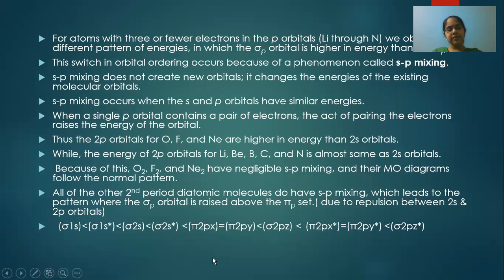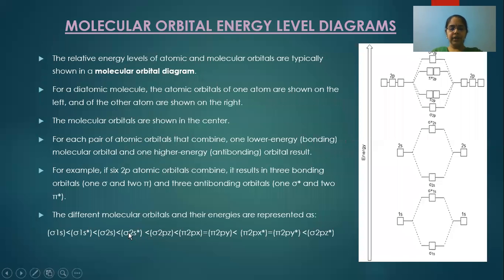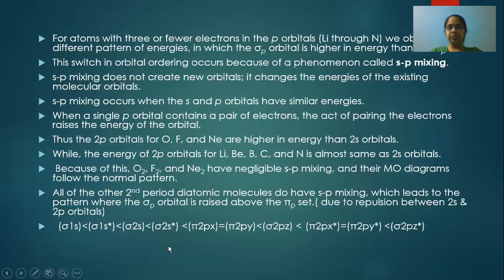Now, there are some atoms where the energy pattern is different, especially in the case of sigma 2pz and this pi set. That change in energy order is mainly observed in smaller atoms like lithium, beryllium, boron, carbon, and nitrogen.